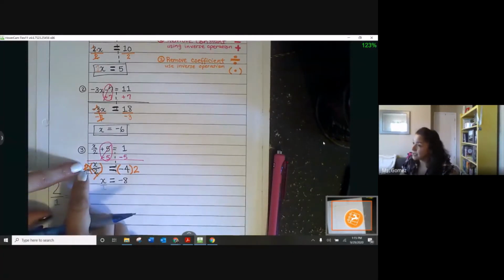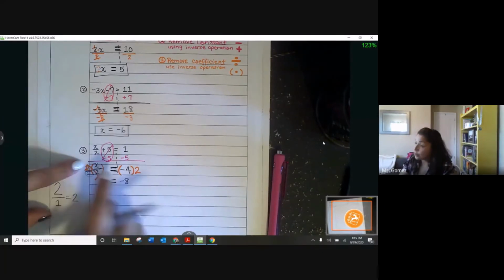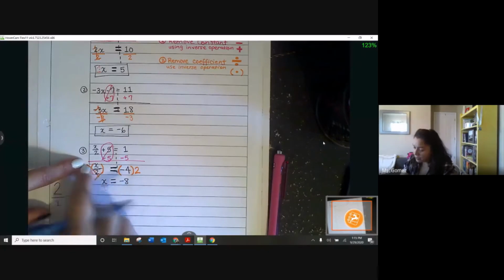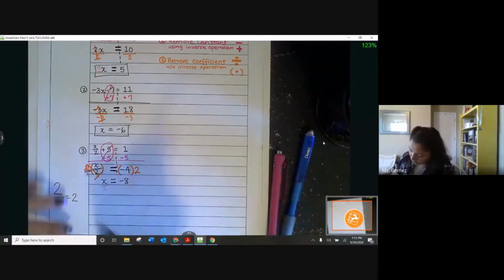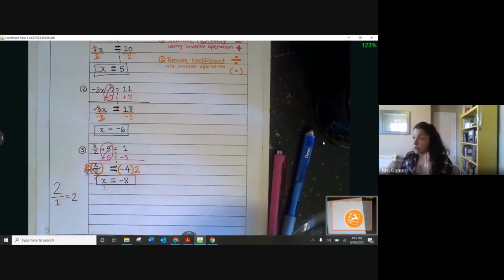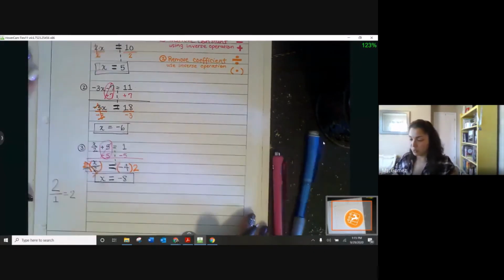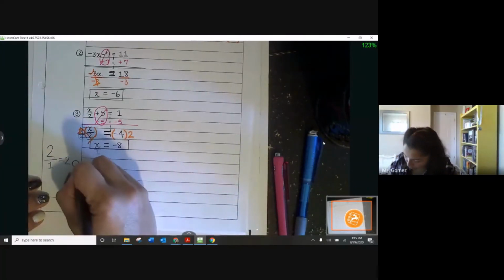You just need to understand that whenever you multiply by 2 and you're also being divided by 2, it does reduce to 1. So yes, we are just left with x equals negative 8. Okay, so that one took a little bit longer because we thought we had the F word, fraction, but we didn't. So let's try example 4.